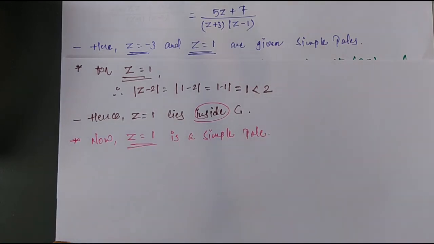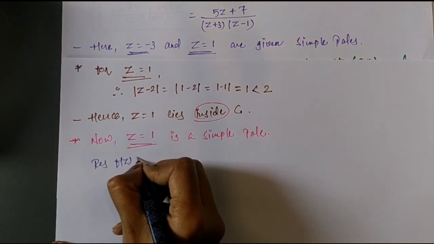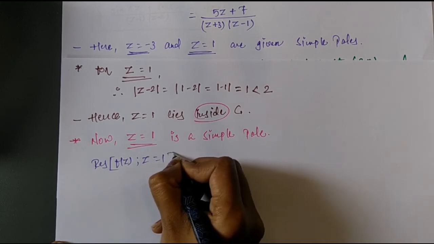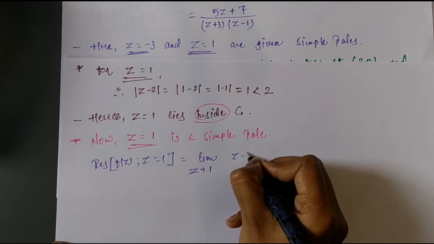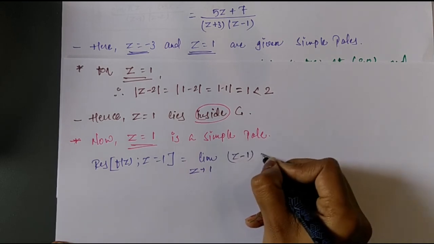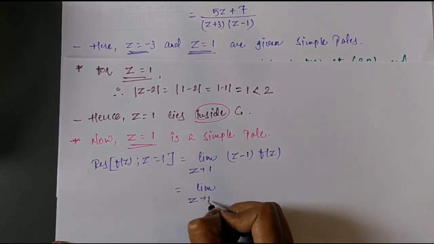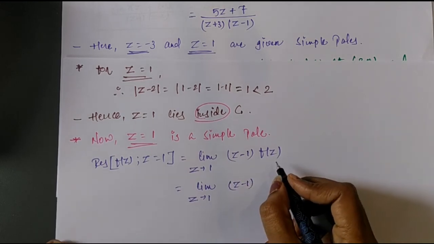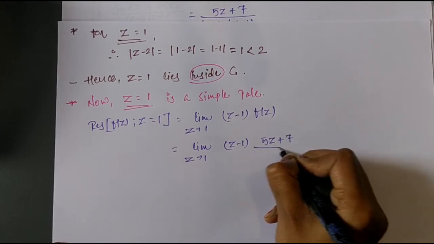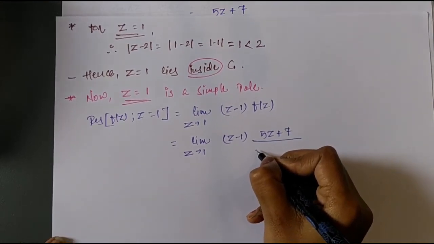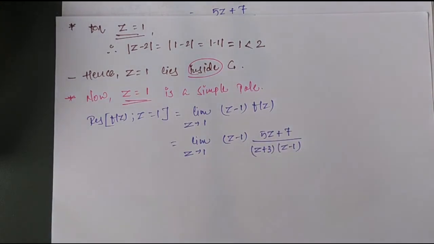Then you have to find its residue, so it will be the residue of f of z at the point z equals 1, right? Limit z tends to 1, (z minus 1) into f of z. What is f of z? It will be (5z plus 7) upon (z plus 3)(z minus 1).